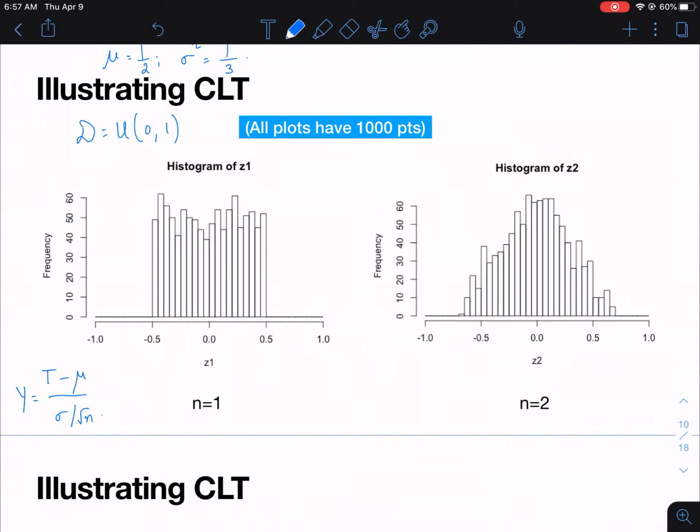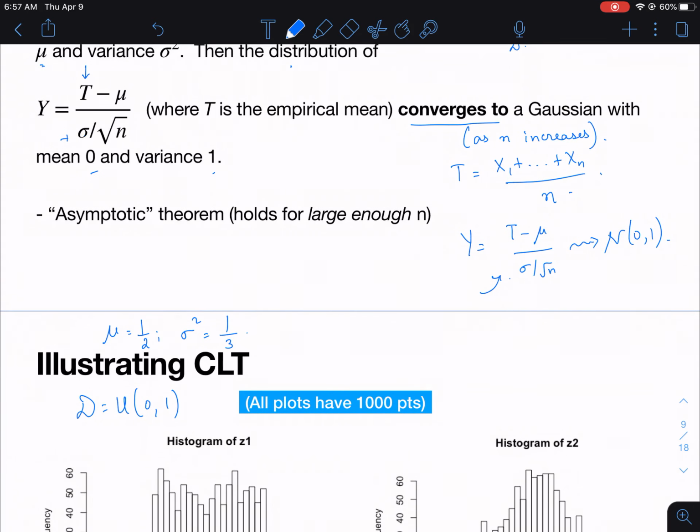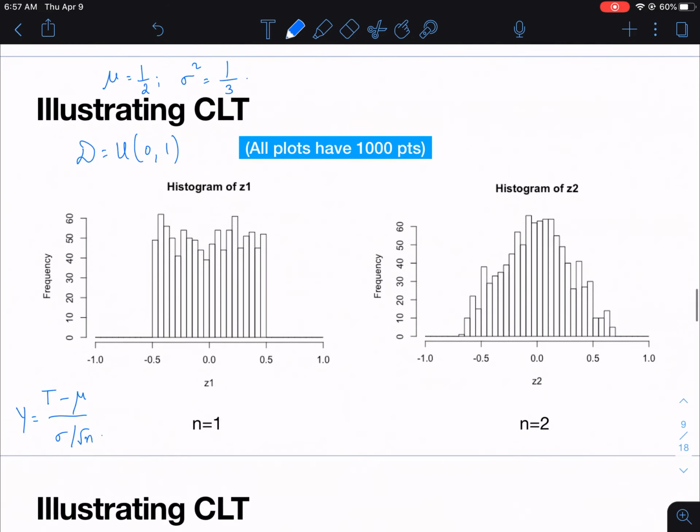If n equals 1, T is equal to x1, so it's just like taking one sample, and then I'm plotting x minus half divided by sigma. And this, as you would expect, is simply x minus half. If x was uniform in 0 1, x minus half is uniform in minus half to half, and that's what's showing up here.